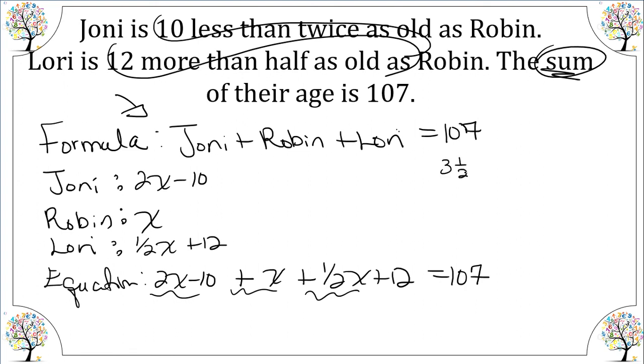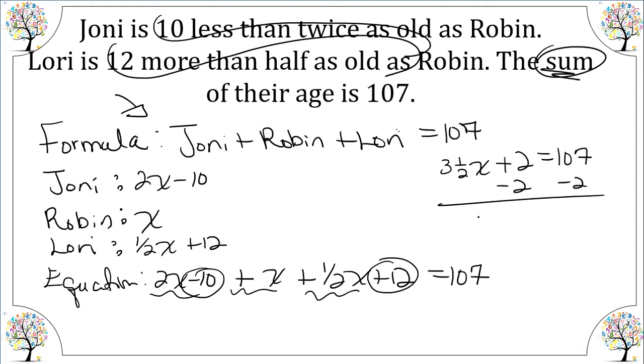We will convert this into an improper fraction in a minute. And then we have negative 10 and positive 12. So that's plus 2 equals 107. We're going to subtract 2. I'm going to convert this. 2 times 3 is 6 plus 1 is 7 over 2x is equal to 105.